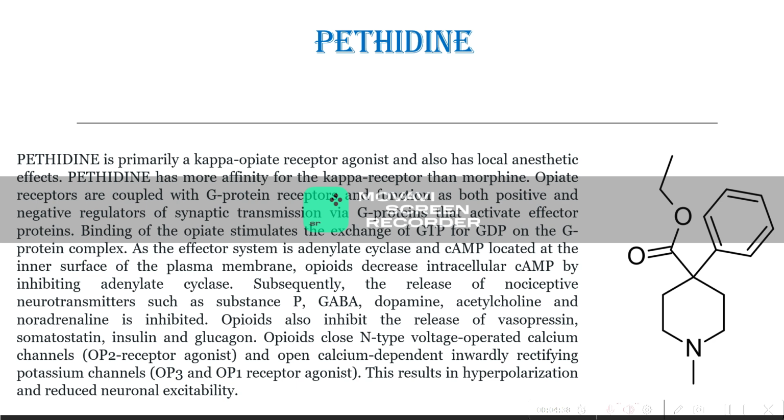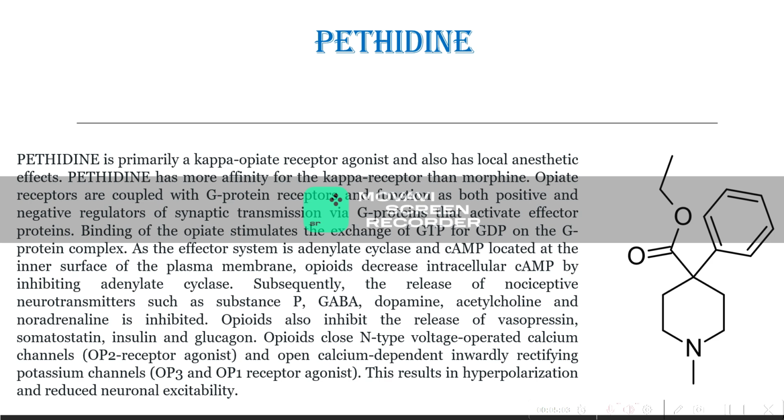Pethidine has more affinity for the kappa receptor than morphine. Opioid receptors are coupled with G proteins and function as both positive and negative regulators of sympathetic transmission via G proteins that activate receptor proteins.